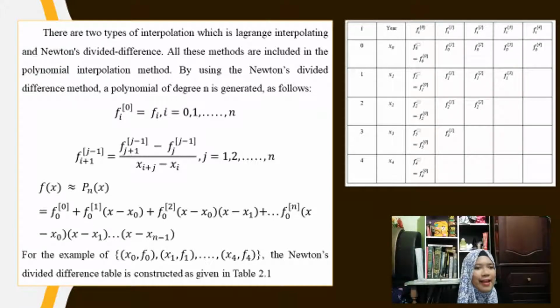You can see in this table we have i equals 0, 1, 2, 3, and 4. This is the formula we use to get the Pn(x).